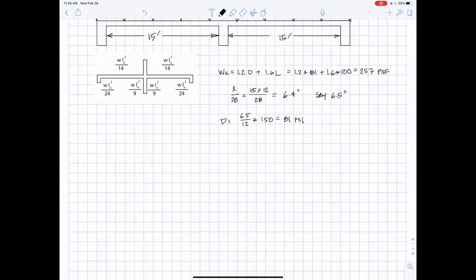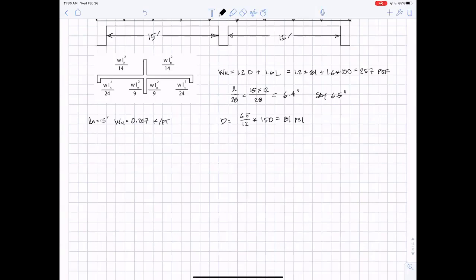Next, we will get these moments here. We are not using the slab approximate moments because those were applicable only for spans less than 10 feet, and we have 15 feet. And so you just put LN is 15 feet, WU is 0.257 kip per foot because the unit tributary width is 1 foot.